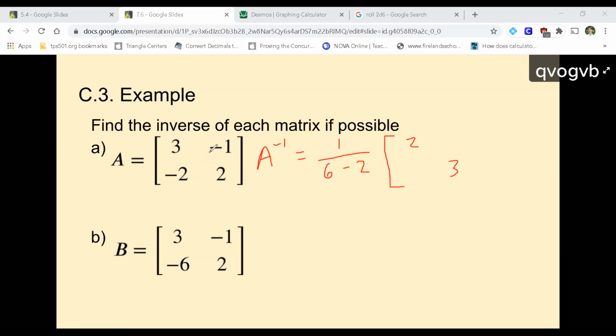And then I change the signs on the other two, +1, +2. So basically 6 minus 2 is 4, so I'm going to take a fourth of each of these numbers. That'll get me 2/4 is a half, 1/4, a half, and 3/4. That is the inverse of A.